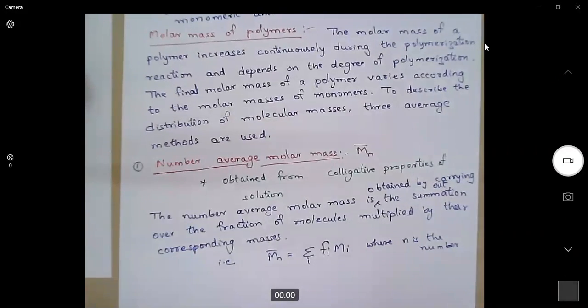That means if some fractions are having molecular weight i, then fraction Fi multiplied by molecular weight of that polymer. If some fractions are having molecular weight j, then Fj fraction multiplied by molecular weight of that polymer.